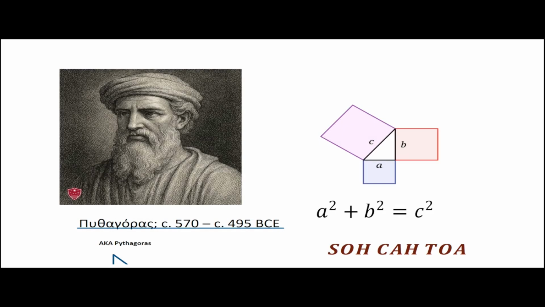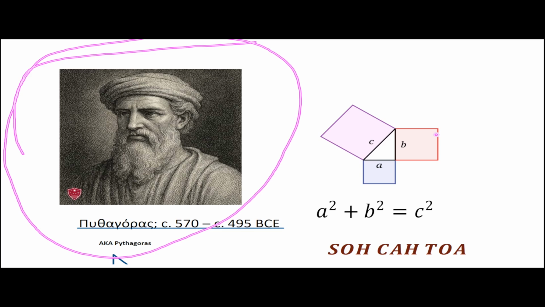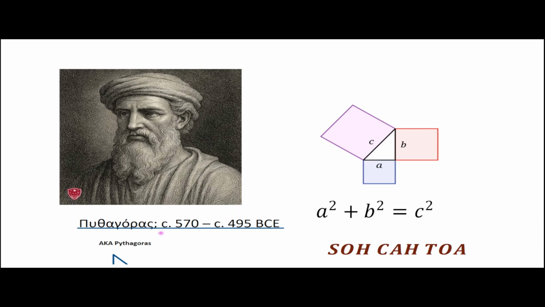If I were to ask you who invented or who discovered Pythagoras' theorem, you'd probably say this guy here, Pythagoras, from circa 570 to circa 495 before the Common Era, BCE.